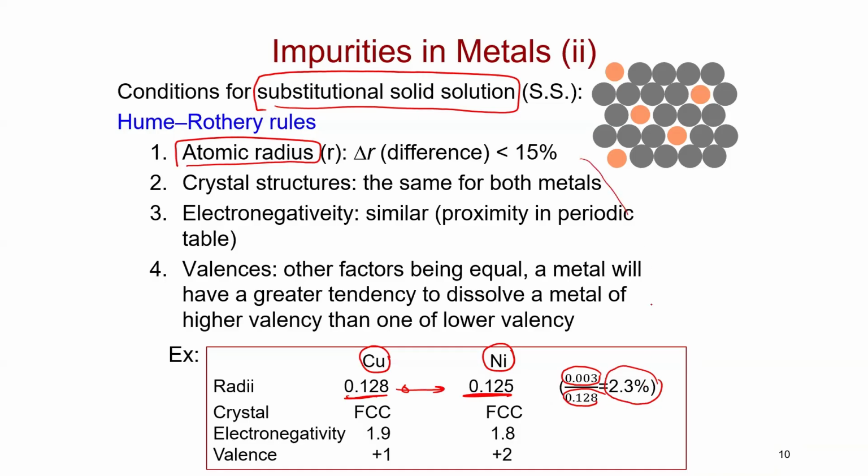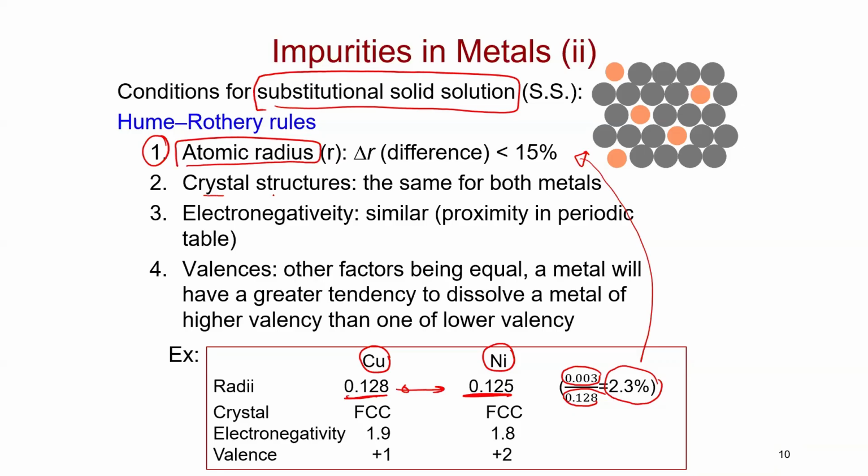If the difference in the radius is less than 15%, these two elements can be together as a substitutional solution. Okay, and it's just one requirement. A few other requirements need to be satisfied for two metals to stay together as a substitutional solution.